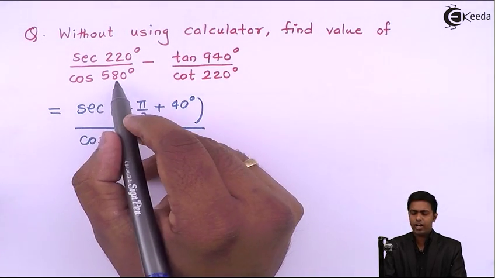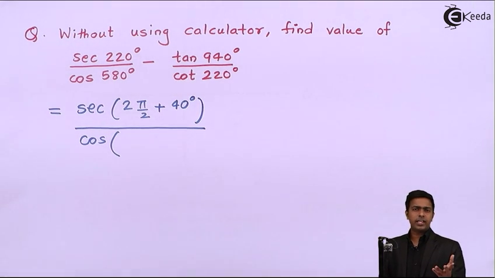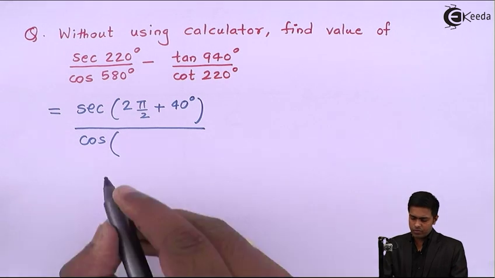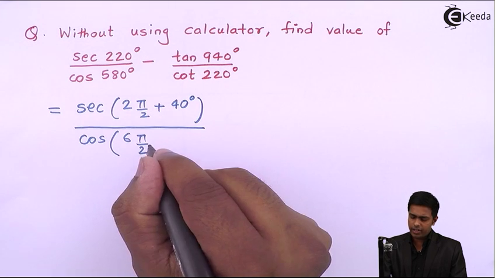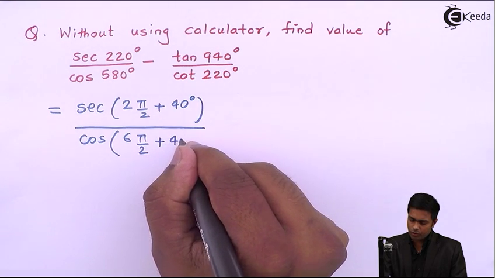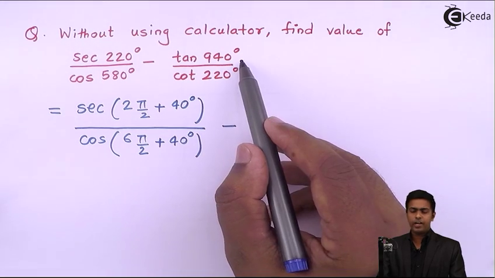Now here we have 580 degree. We know that 90 degree into 6 is 540 degree, but we want 580, so I will add 40 degree more, minus tan of 940 degree.